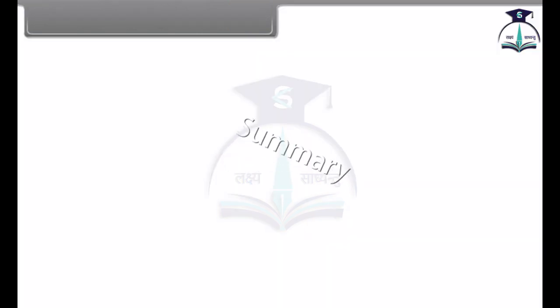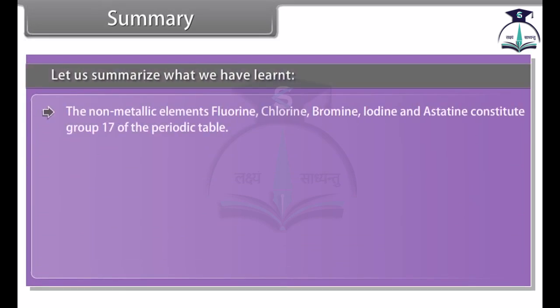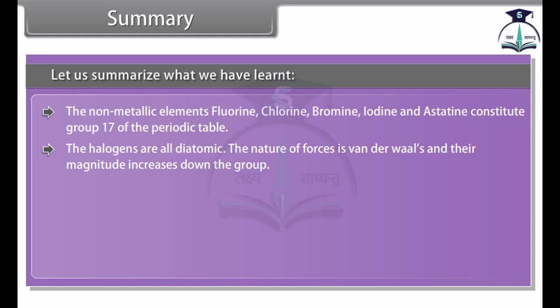Summary. Let us summarize what we have learnt. The non-metallic elements fluorine, chlorine, bromine, iodine and astatine constitute group 17 of the periodic table. The halogens are all diatomic. The van der Waals forces and their magnitude increase down the group.